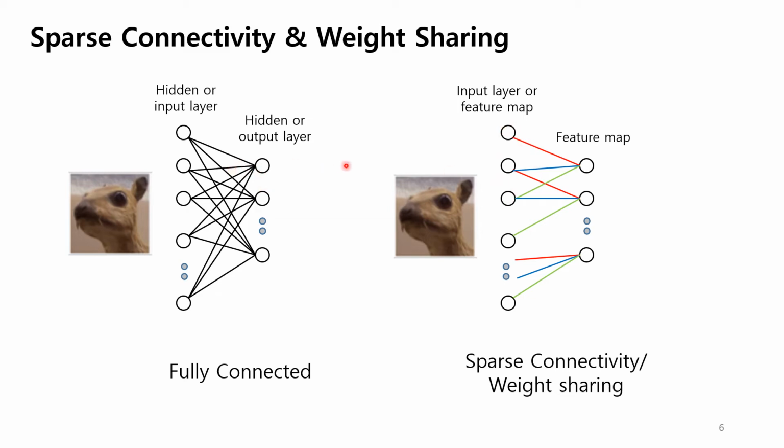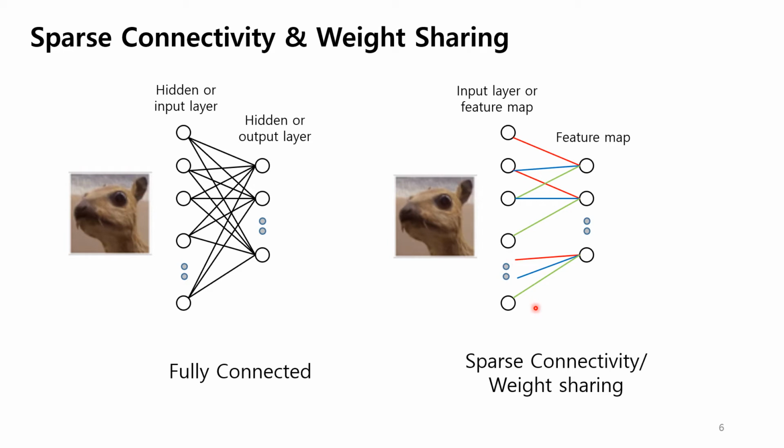If you compare this with the fully connected one, which is connected to every input, here this feature map node is connected to only a small portion of the input, in this case 3, right? In a similar way, this node is also connected to a small portion of the input, like this. And again, this last node is connected to a small portion of the input image.